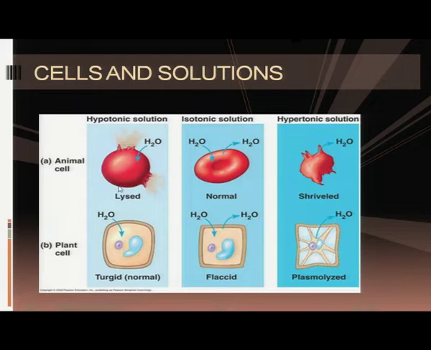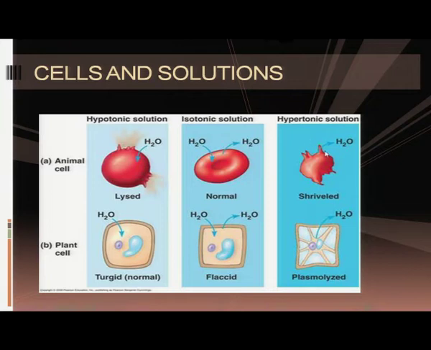For an animal cell, where the cell wall is absent, the changes are drastic. If an animal cell, suppose red blood cells, is kept in a hypotonic solution, water will move in because of osmosis and it will burst. In an isotonic solution, there is no net movement of water. Water can keep coming in and moving out, but there is no net movement of water molecules.